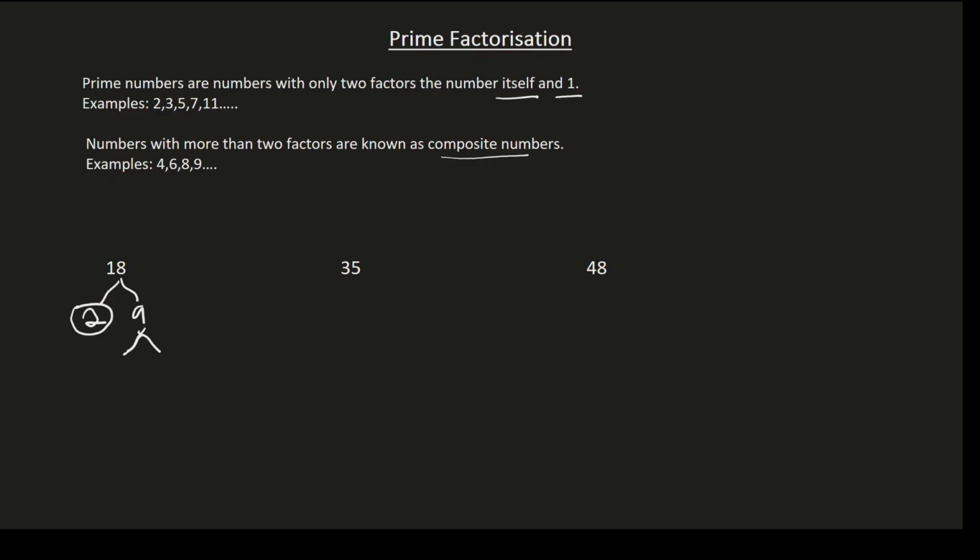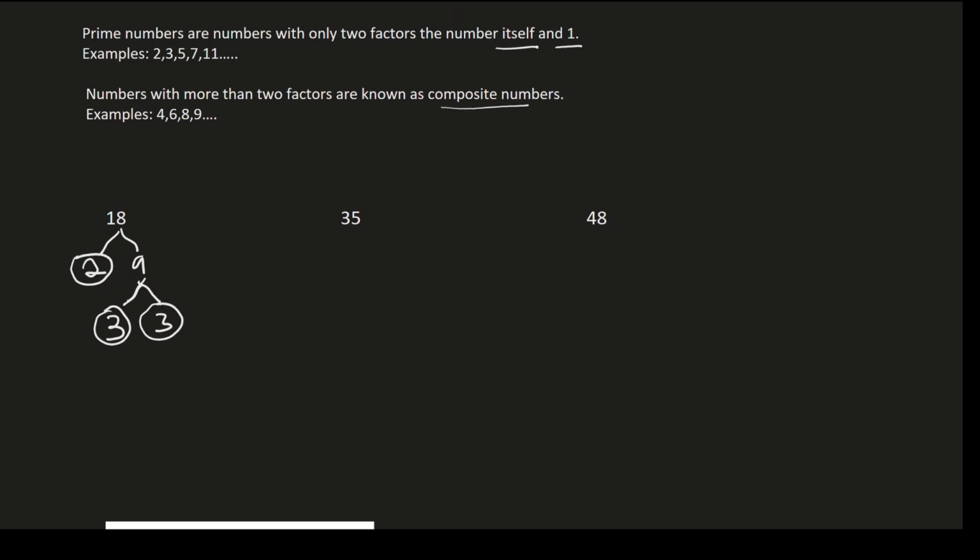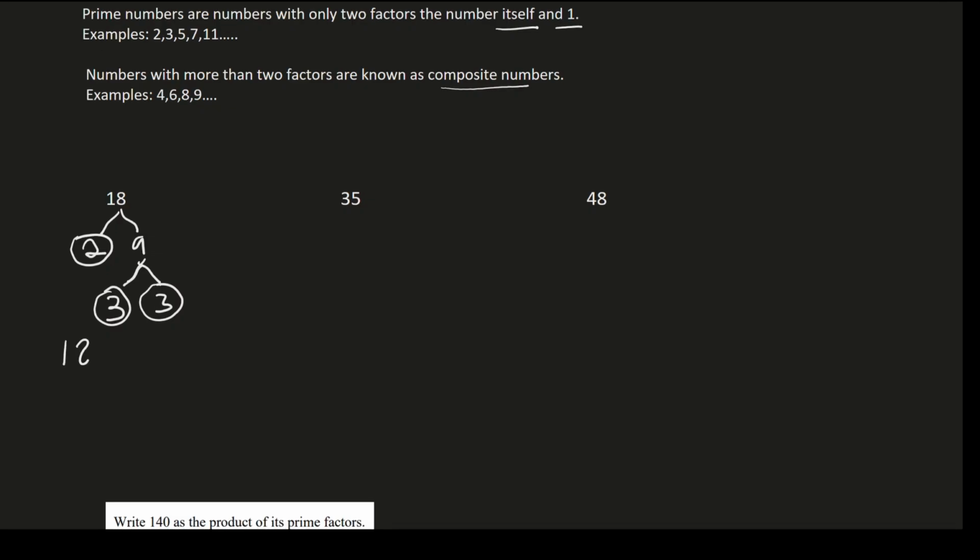So I break it down: 3 times 3. 3 is a prime number, and this 3 is also a prime number. Now, writing 18 as a product of powers of its prime factors will be 2 times 3 times 3, which can also be written as 2 times 3 raised to the power 2.